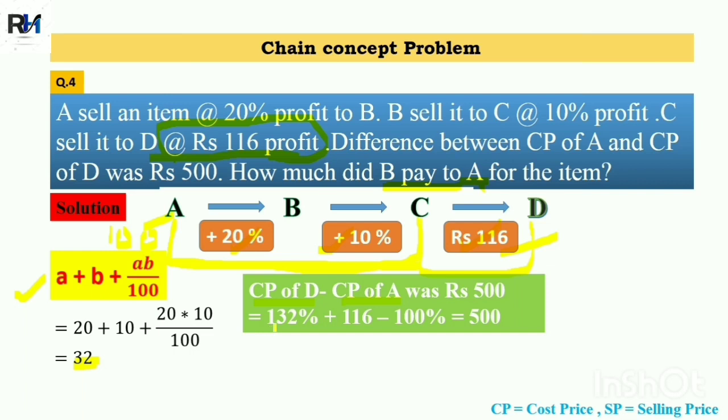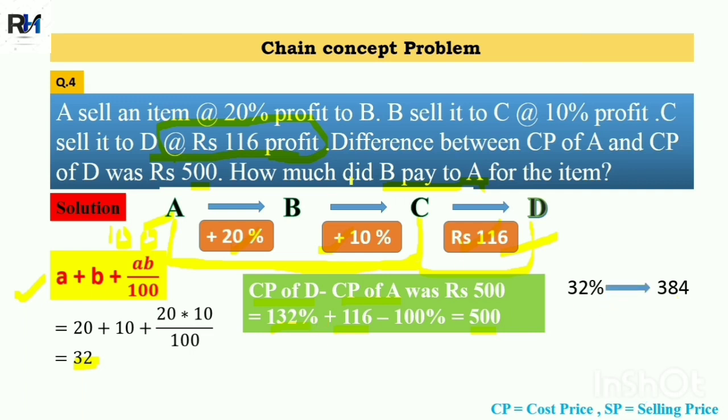So we have calculated the CP of D, that is 132% from A to C plus 116, the amount from C to D, minus CP of A, which we initially considered 100%. After calculating 132% minus 100, that is 32%, and if we put 116 on this side, we get 384. 32% is equal to 384.